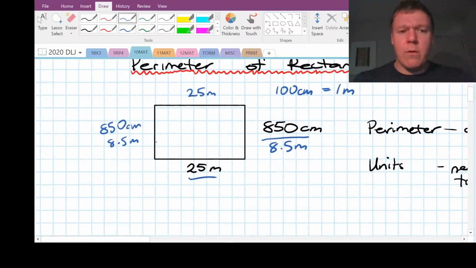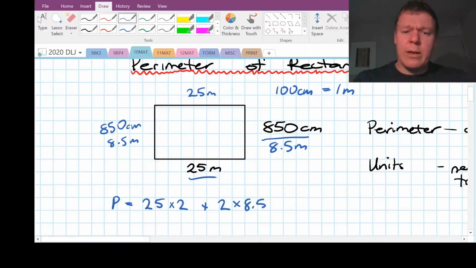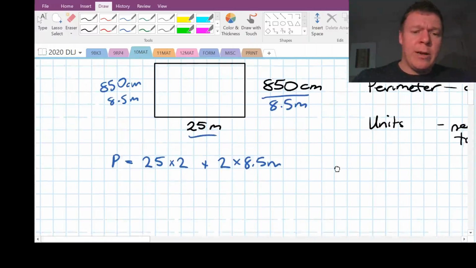So our perimeter P is 25 times 2, because we've got two 25s, and we're going to add 2 times 8.5 meters.